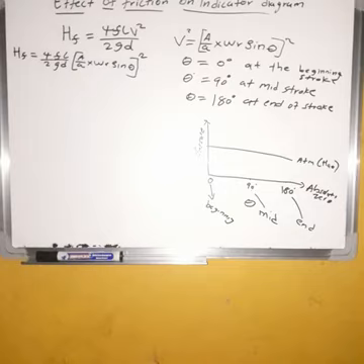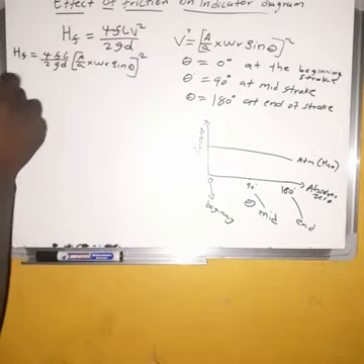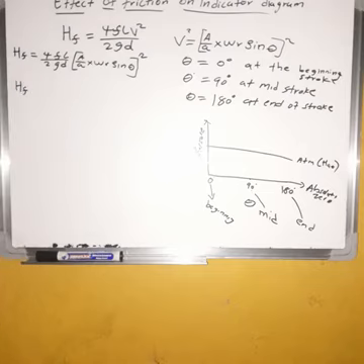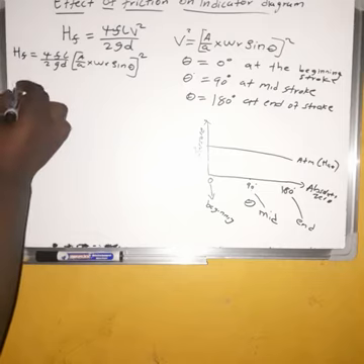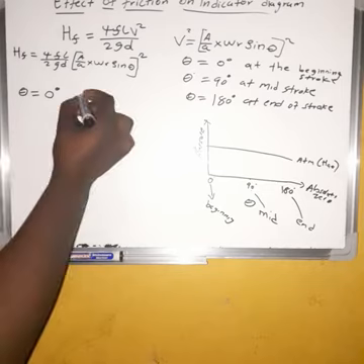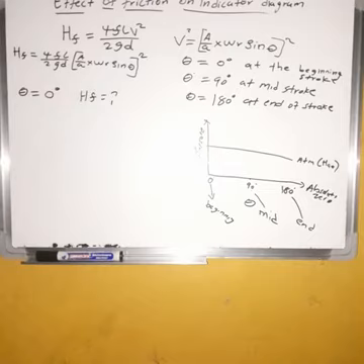Now I want you to check something. When you punch your calculator, I want us to investigate when friction, HF, will be what. When theta is equal to 0 degrees, what will be the value of HF?